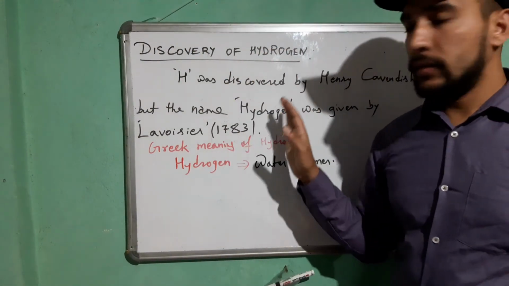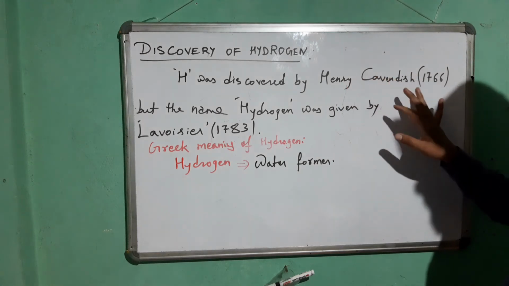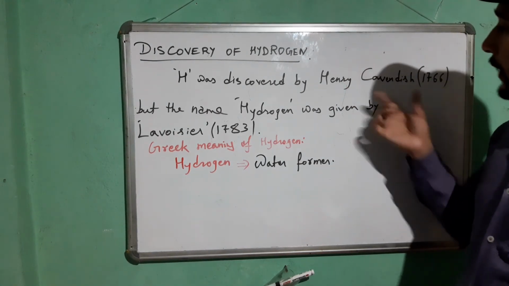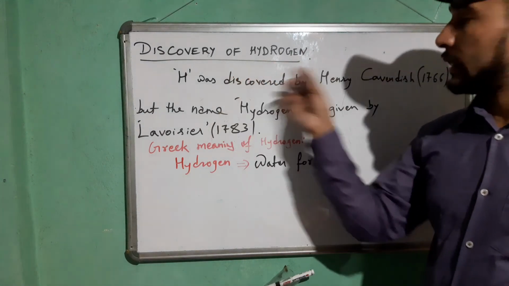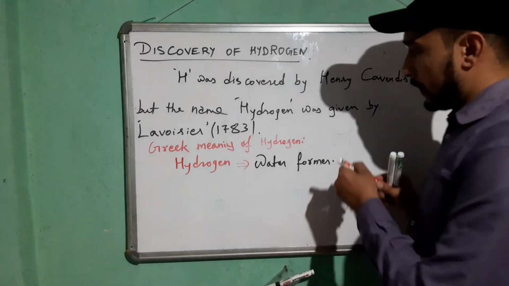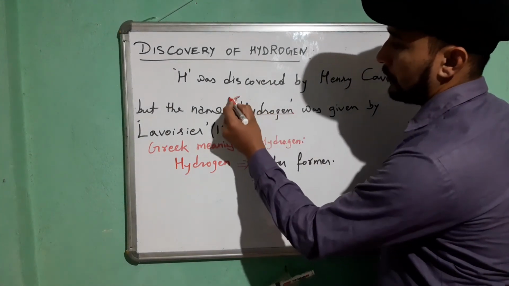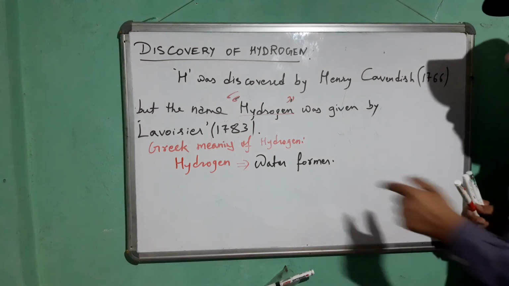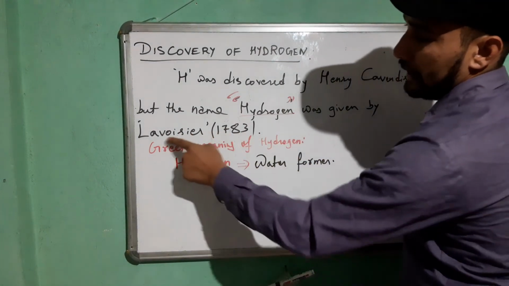Hydrogen was discovered by Henry Cavendish in the year 1766, but the name hydrogen was given by Lavoisier in 1783.